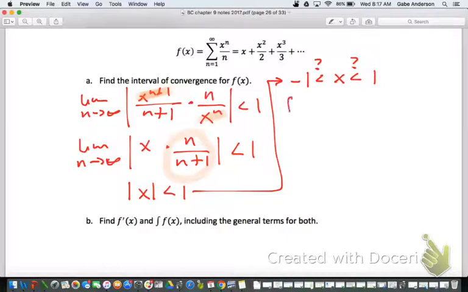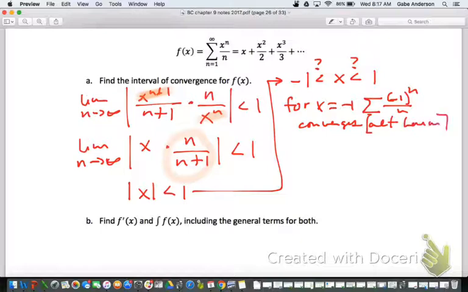So for x equals -1, we would have sigma of (-1)^n over n, and that converges because that series is an alternating harmonic. And then for x equals 1, it would be sigma of 1^n over n, and that diverges because that is a harmonic series.